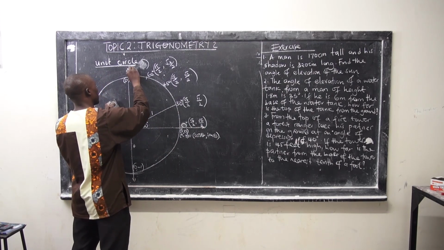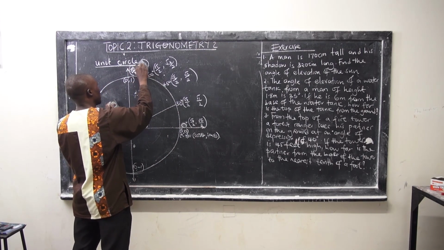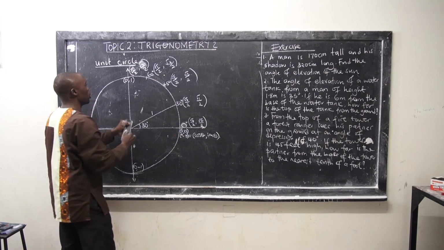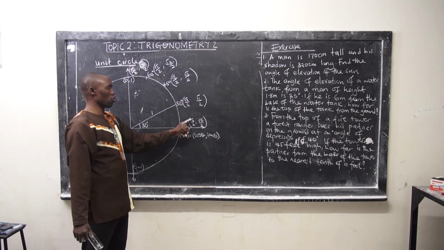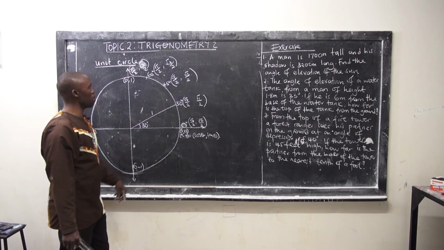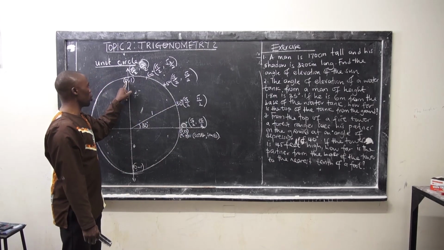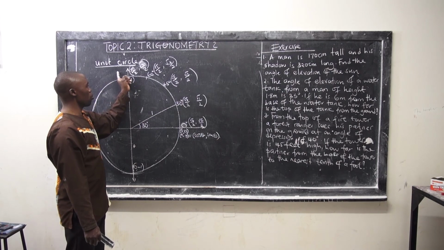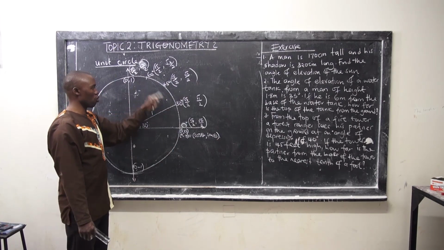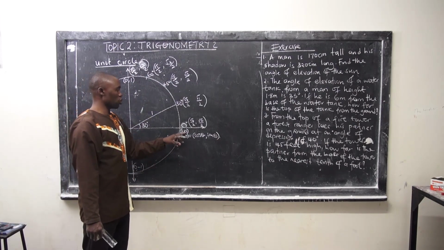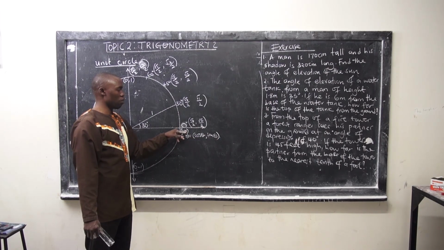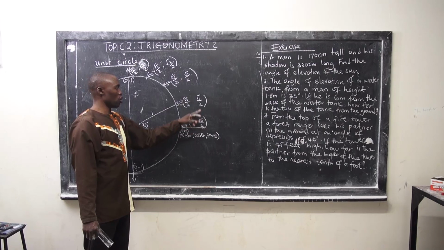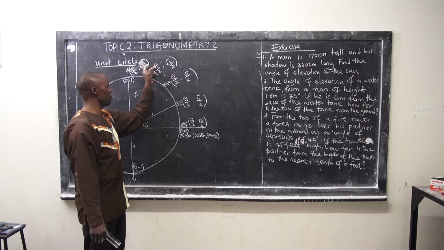This is just a way of remembering. Just build from 0 on this x value moving downwards or clockwise, then build from 0 moving anti-clockwise using the y values from this axis, 0, 1, 2, 3, 4.